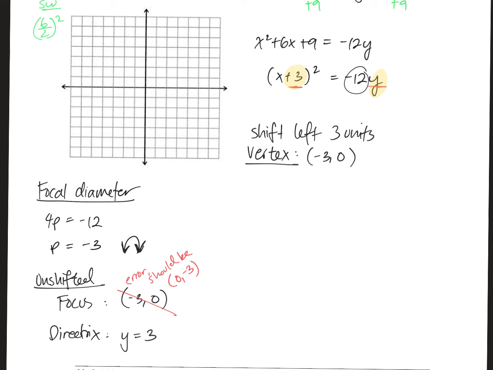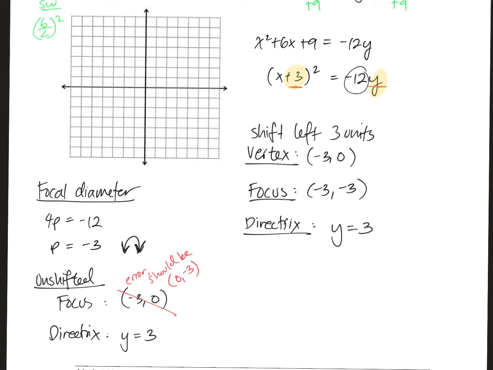So our x values are going to be affected, so we're going to subtract 3 from any of our x values, which is why our vertex was negative 3, 0, because usually it's at the origin. And then our focus is going to be at negative 3, negative 3. And then our directrix does not get affected by shifting left or right, so it's still going to stay at y equals 3.